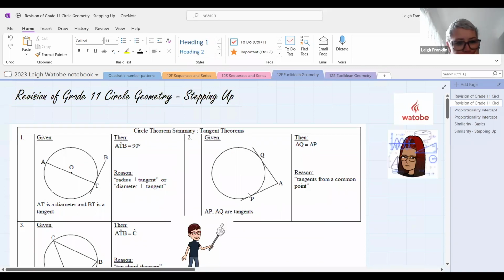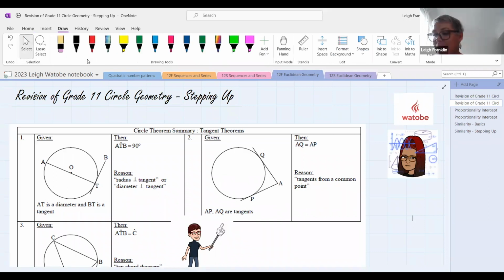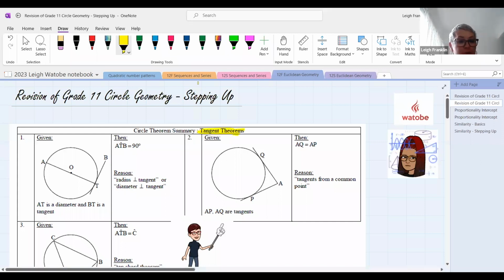So when it comes to tangents, remember a tangent is a line that touches your circle in one place only. Okay, so our tangent theorems are, first of all, if we have a line that comes from the center, obviously that touches the outside, that would be a radius.